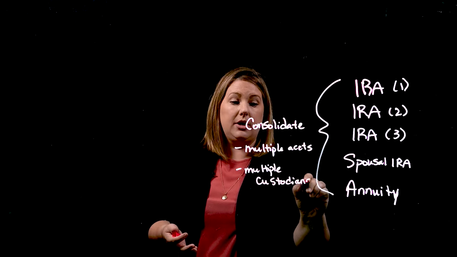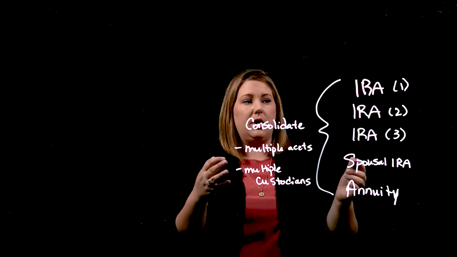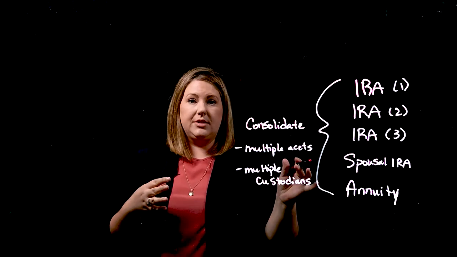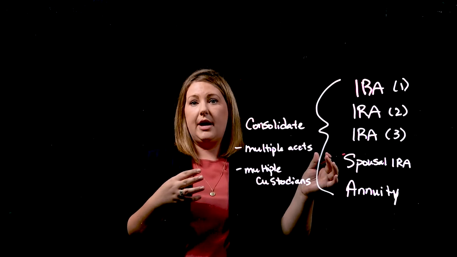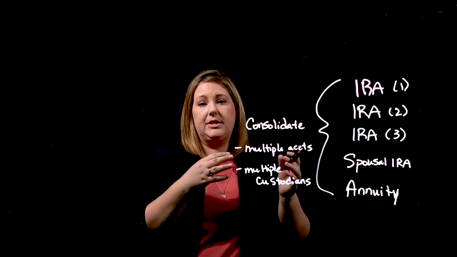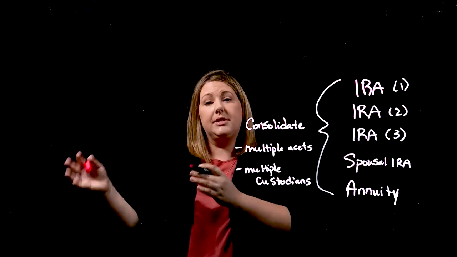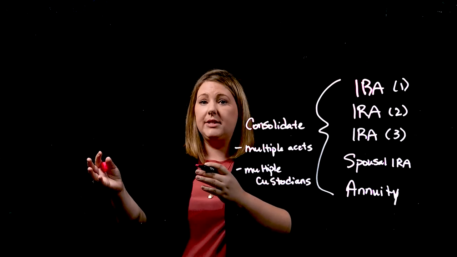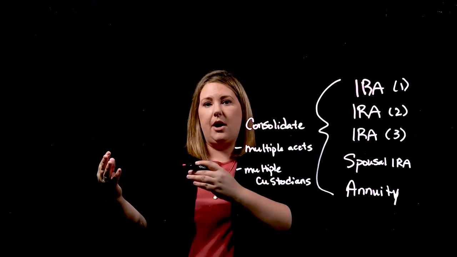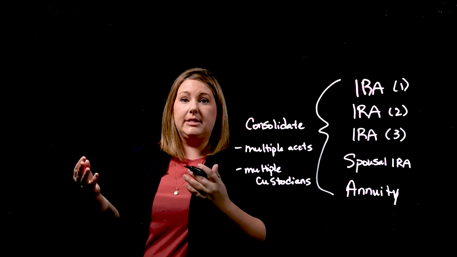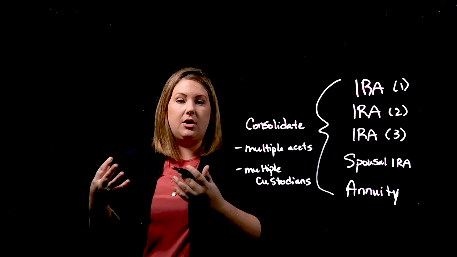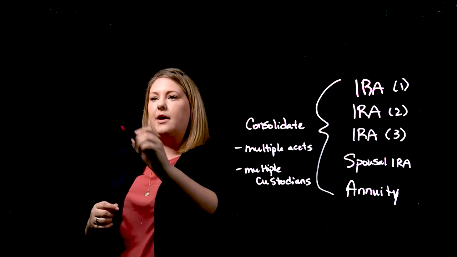Just letting you know that you could actually take these from one account. So all of these accounts can be consolidated and you can take that RMD from just one account instead of each individually. But this other list of accounts, these are ones that you need to take from that account because of the way the factor is decided, or because of the IRS code, you have to take those from that account.